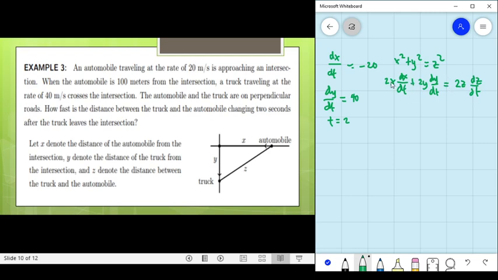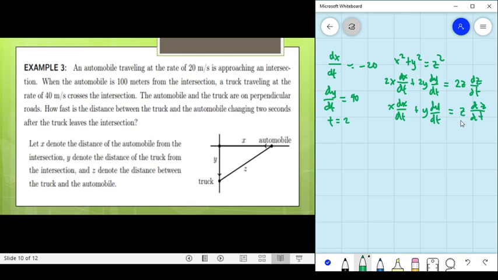Since each term has a common factor of 2, we remove it, so we have x dx over dt plus y dy over dt equals z dz over dt.